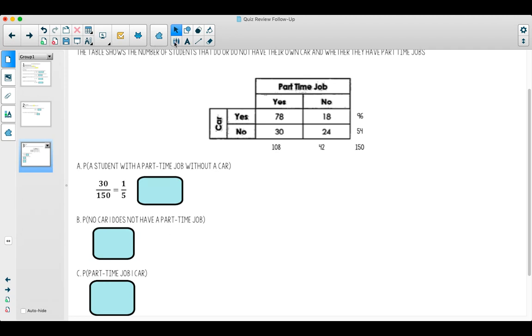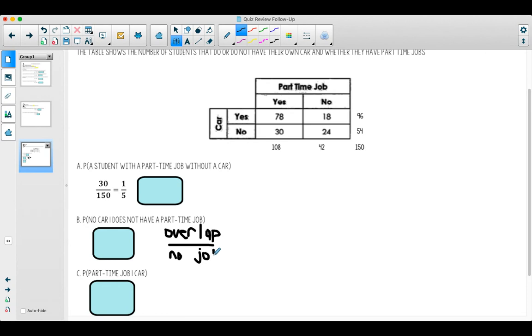In B, what's the probability that they don't have a car given that they don't have a part-time job? Here, we're setting this up as the overlap over the no job.